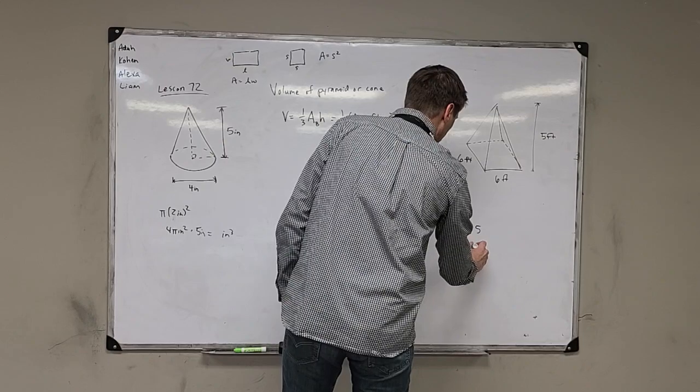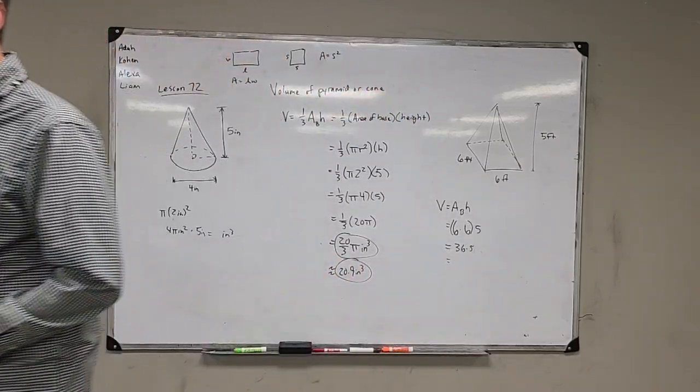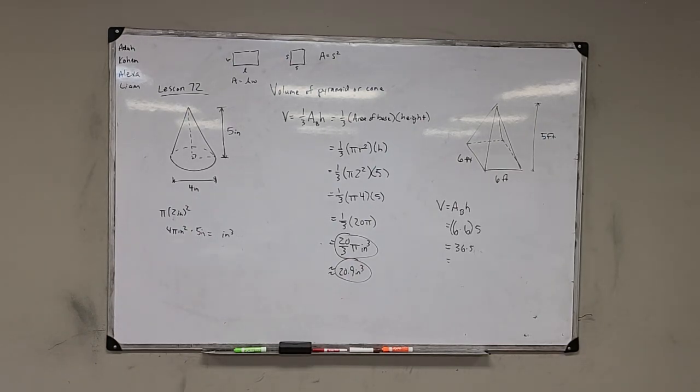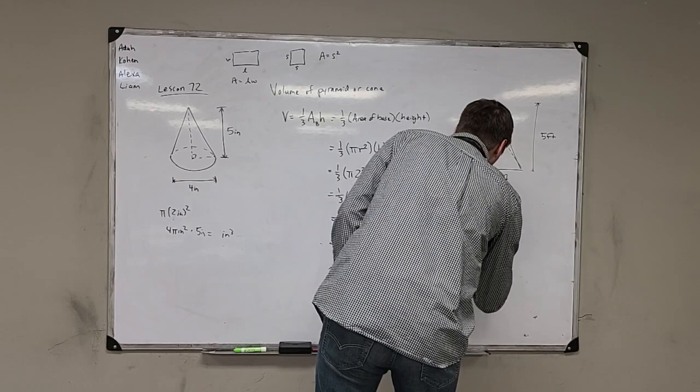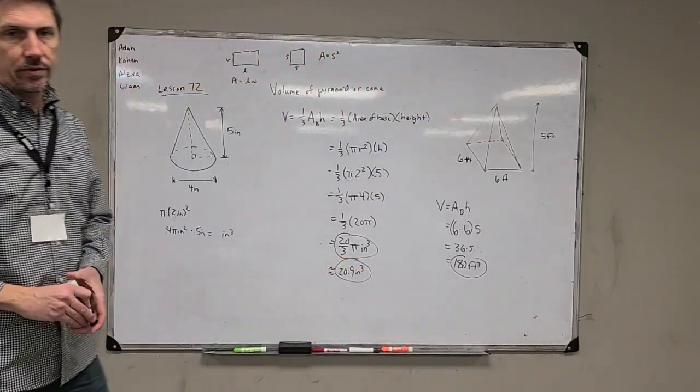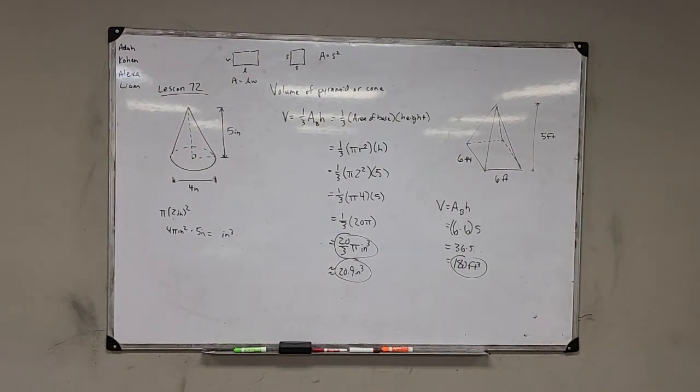So we have 36 times 5, and I don't know what that equals off the top of my head. 180? 180. 180, and again, our units are cubed, so 180 feet cubed would be our answer for that. All right, you guys good with that?